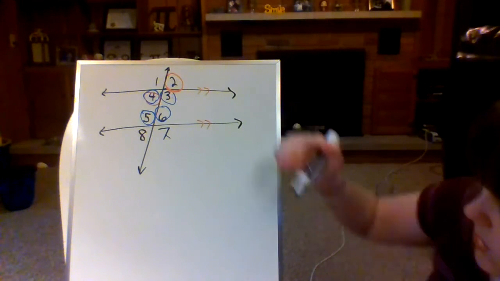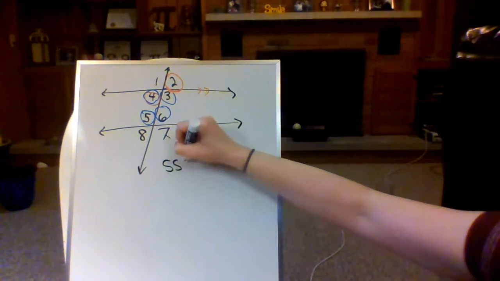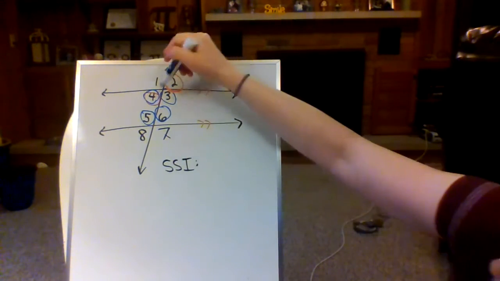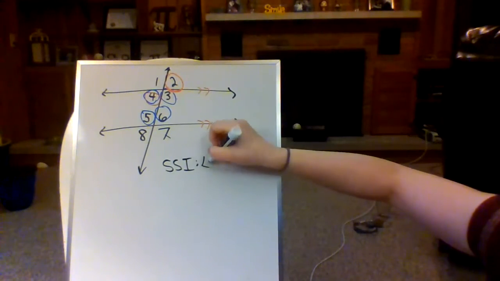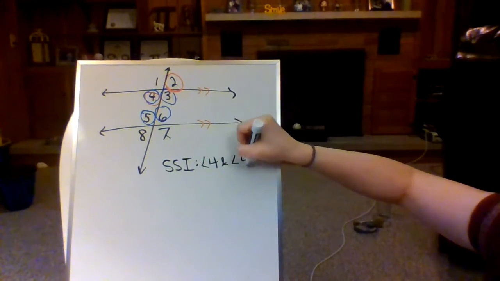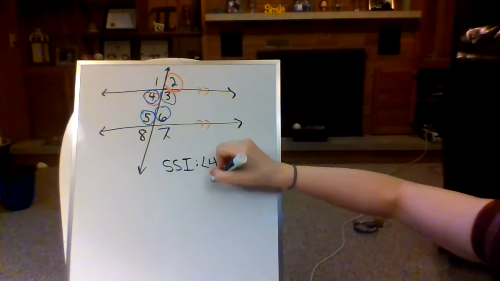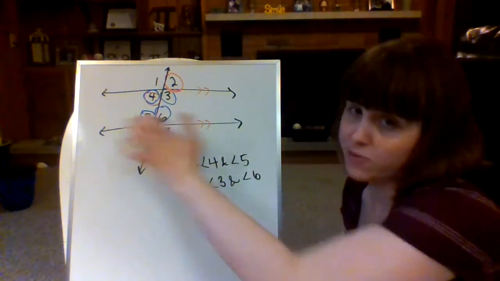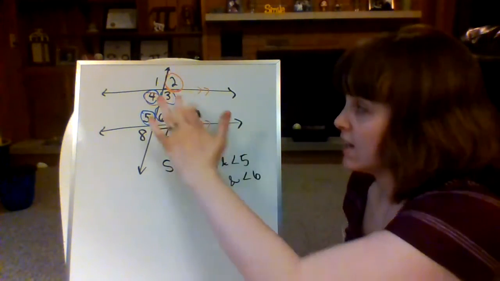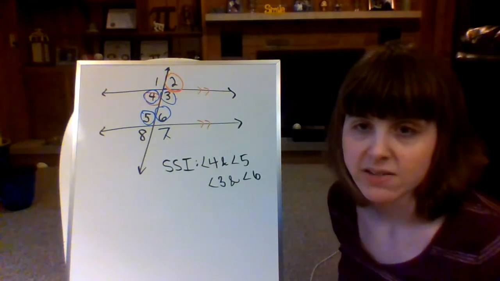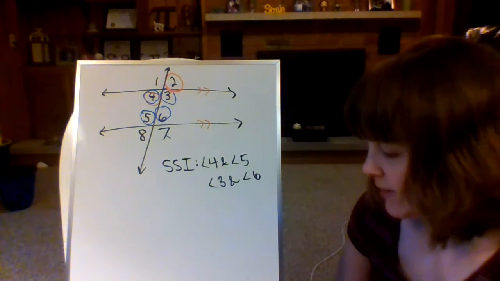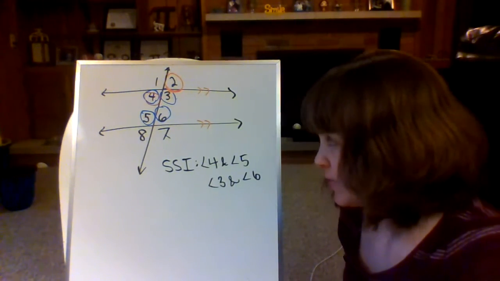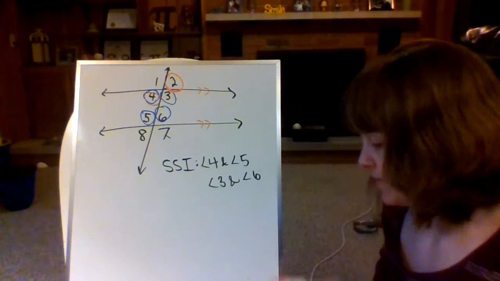So same side interior, we have 4 and 5, and we have 3 and 6. Angle 4 and angle 5 would add up to 180. Angle 3 and angle 6 would add up to 180. So that's the last we need with that picture.